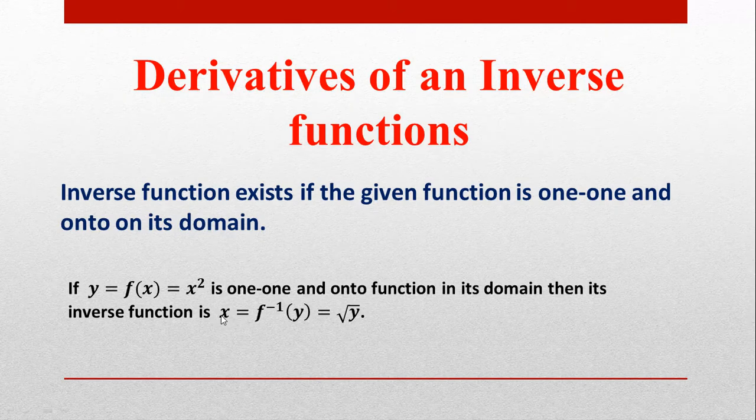This is called the inverse of y is equal to f of x is equal to x square. So to get the derivatives of an inverse function, you just remember how to find the inverse of a function. If it is y is equal to x square, then the inverse of that function is x is equal to root y. Okay, now we will see the further concept.